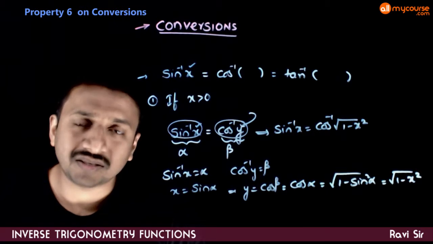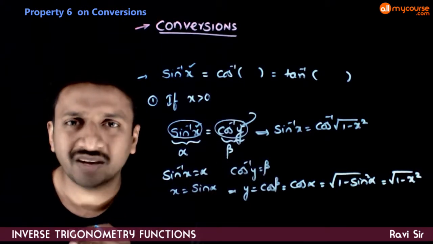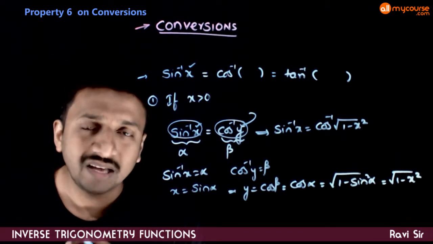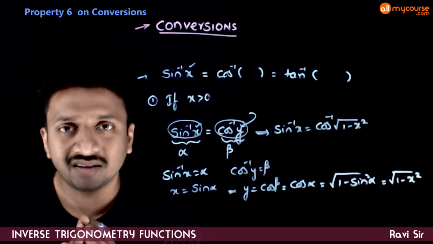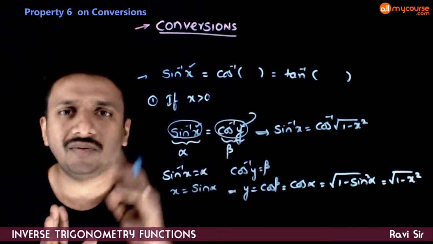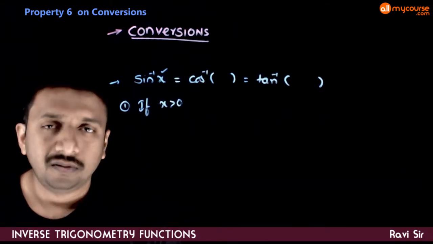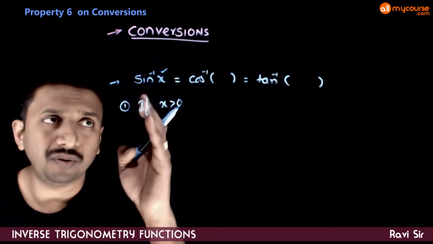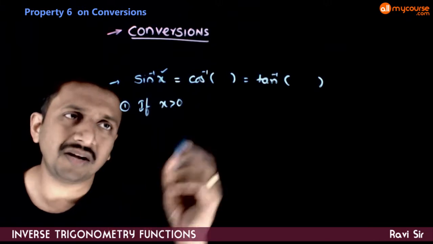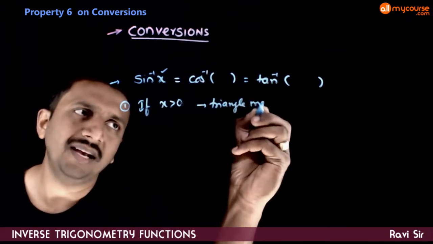But in the exam, you cannot directly do these derivations, it is time taking. So let us try to understand the shortcut by which you can go from one inverse trigonometric ratio to another inverse trigonometric ratio. The shortcut process that we use for conversions is called the triangle method.